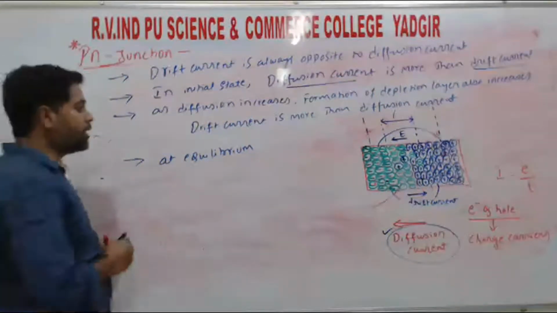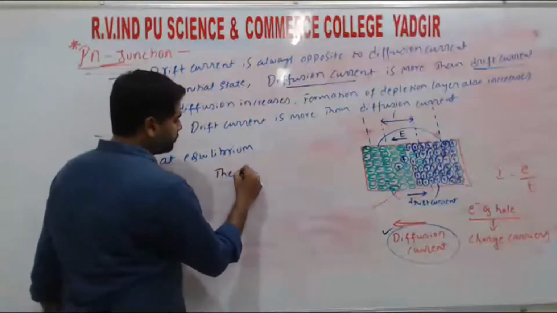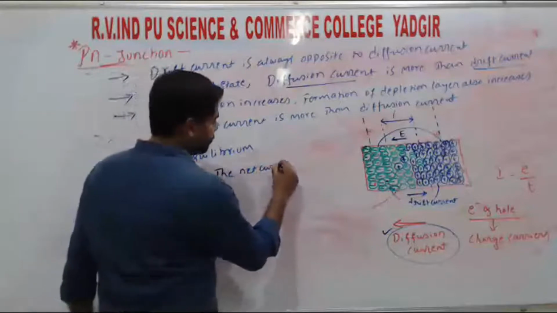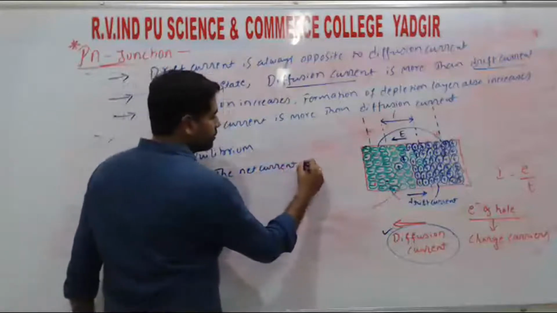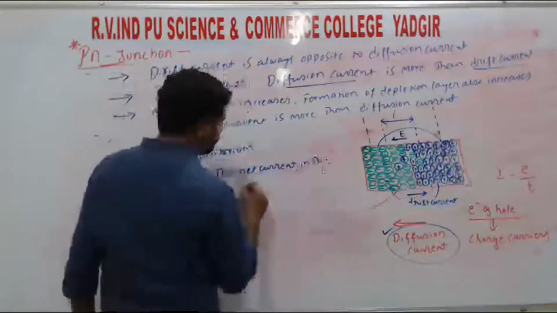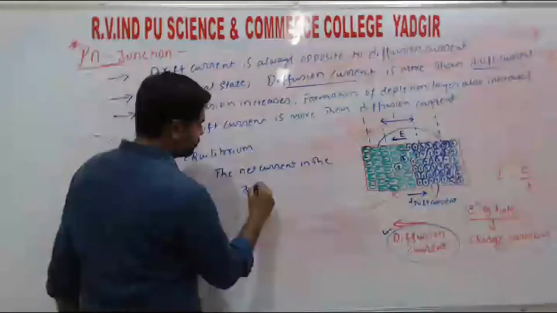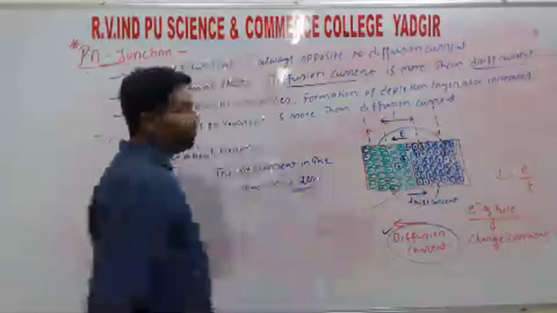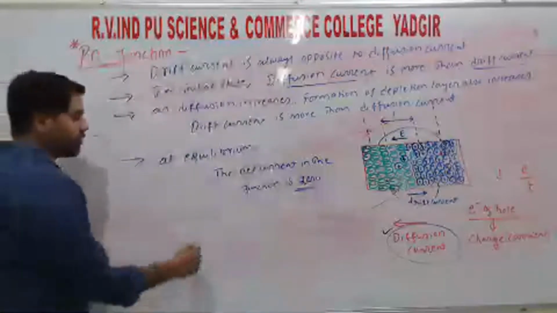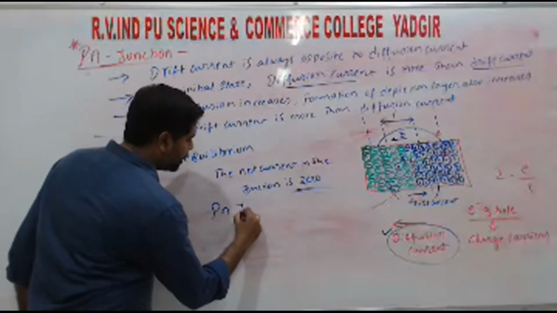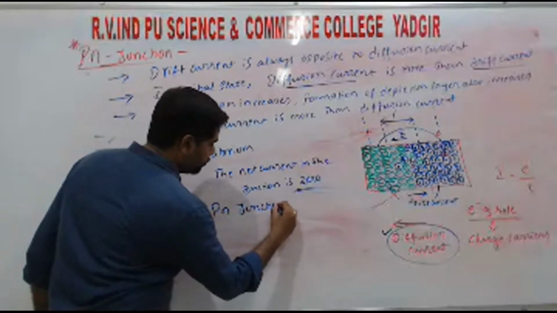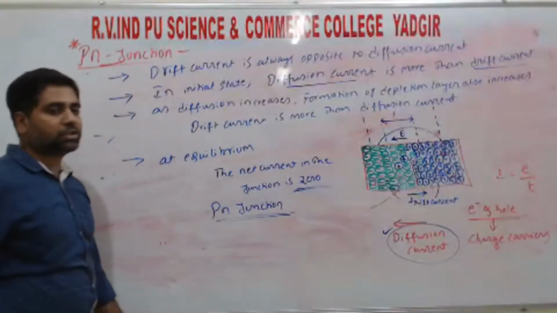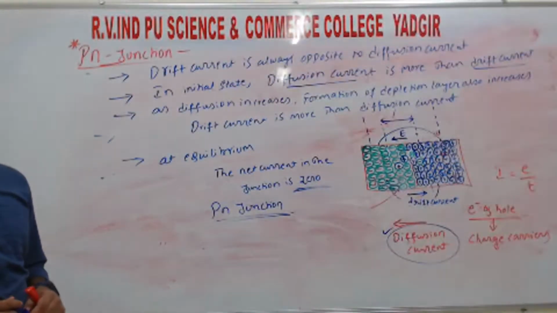So at equilibrium, the net current in the junction is zero, hence we form the PN junction. So this is how the PN junction is formed.